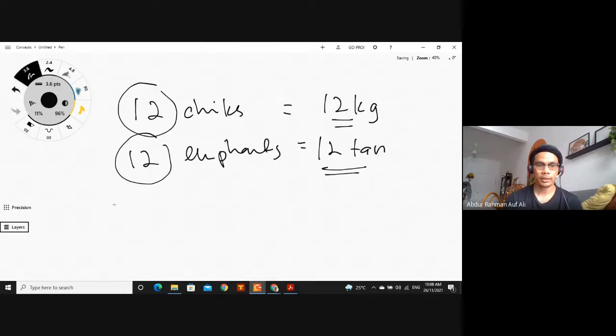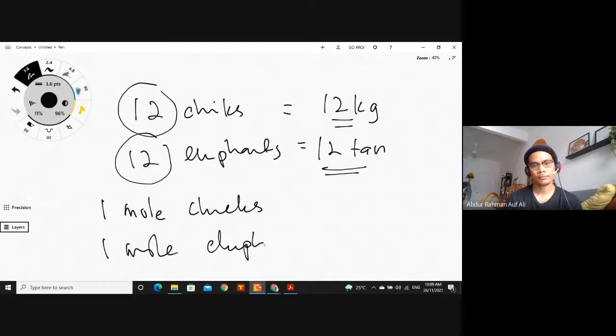So kalau saya tukar this 12 dozen ni to 1 mole. 1 mole of chickens and 1 mole of elephants. Of course, dia punya berat akan berbeza. The mass will be different.